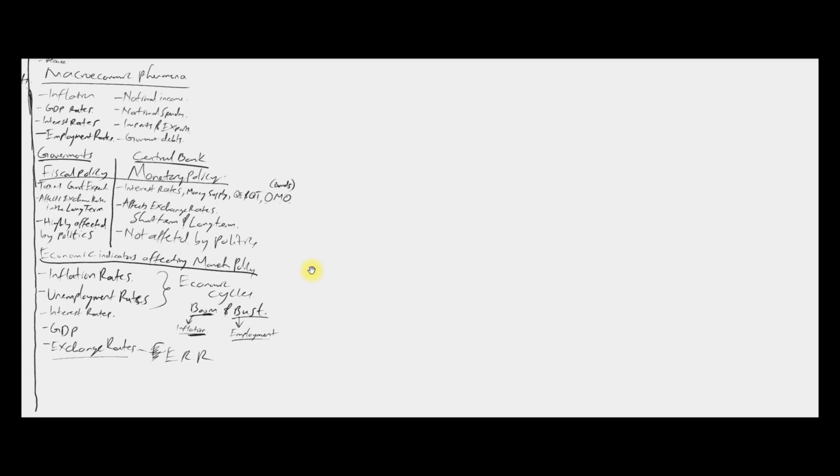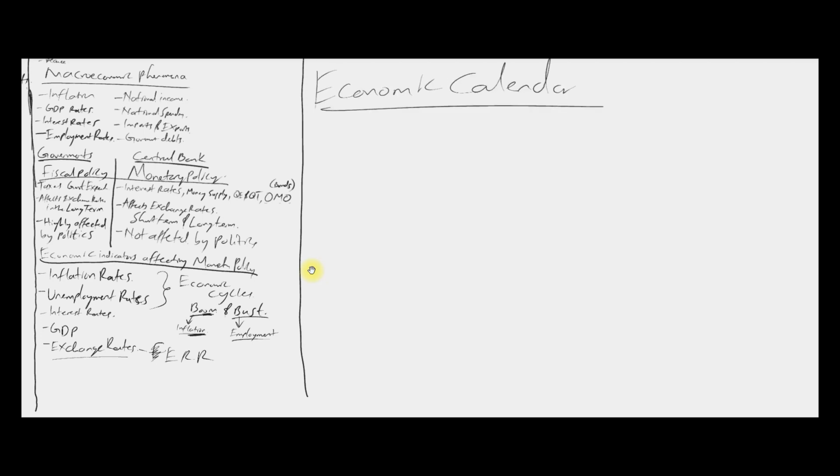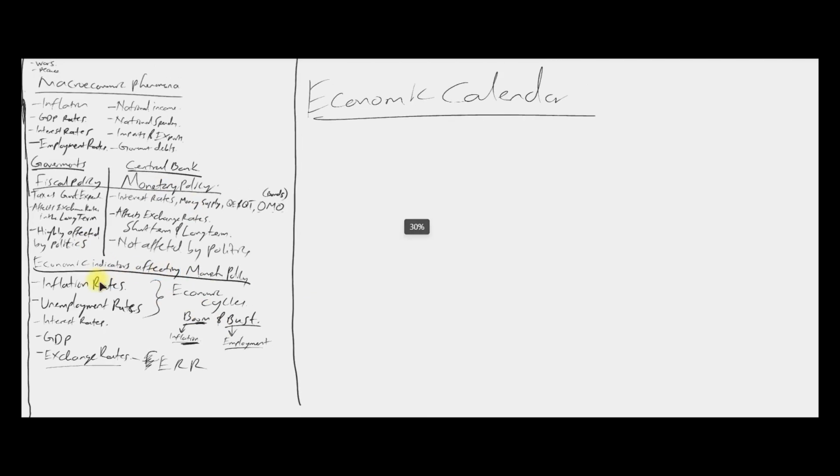As I finalize, this is where I'd like to talk about the economic calendar. As you have seen, these economic indicators affect monetary policy and in turn affect market prices in the short term. So this is where the economic calendar comes in.